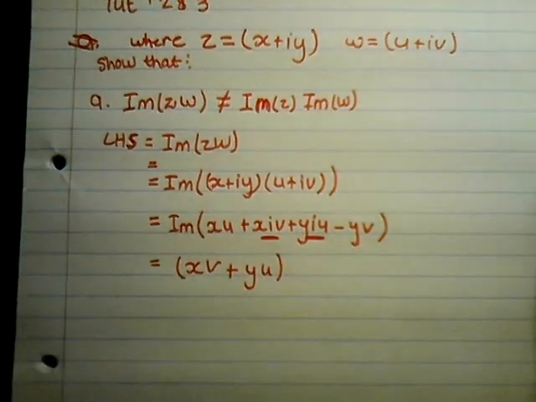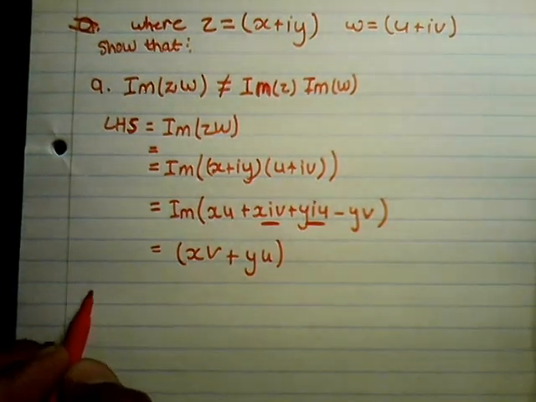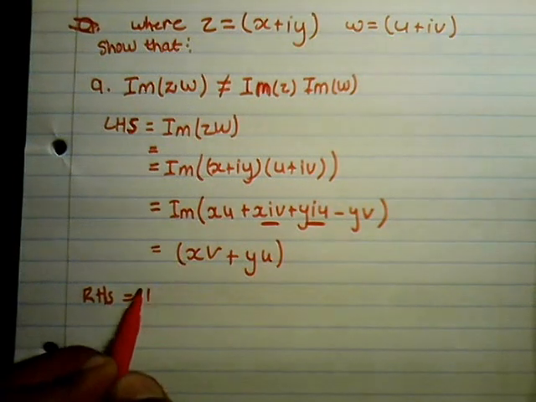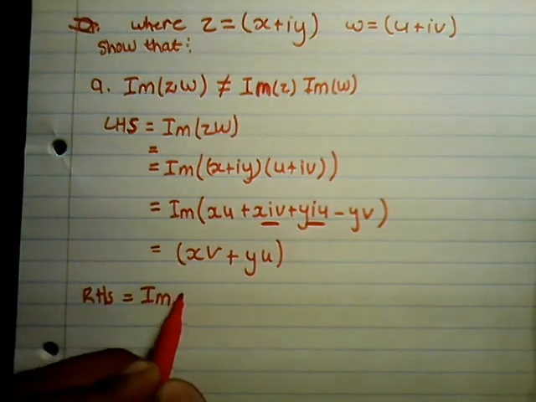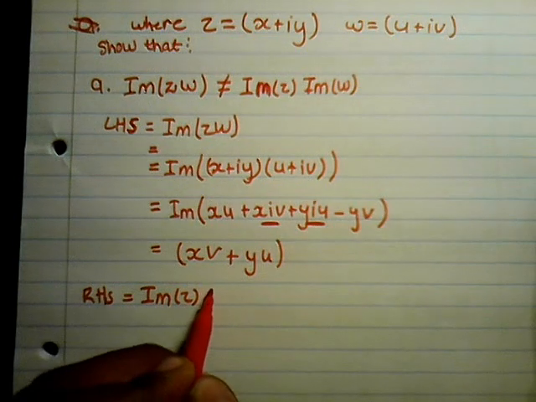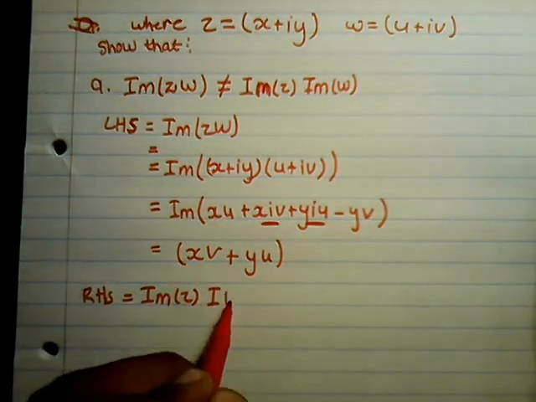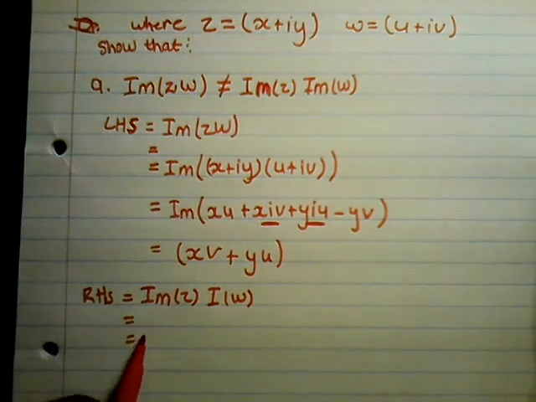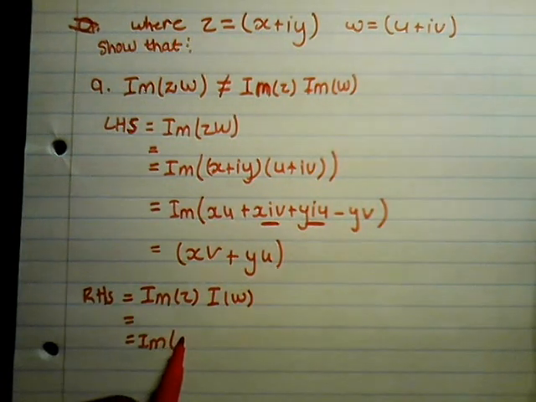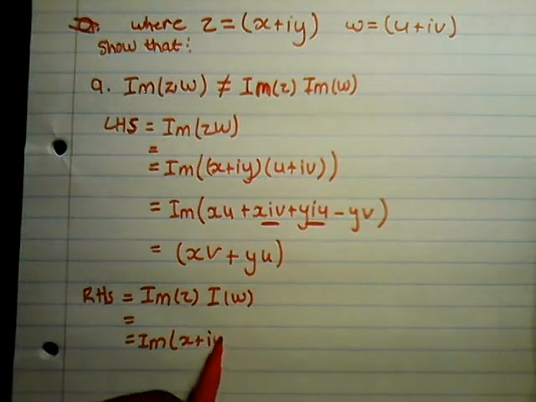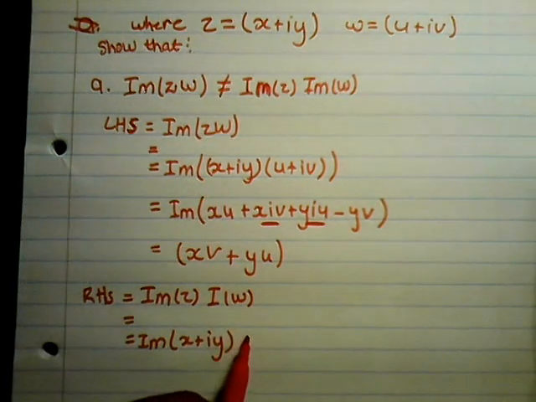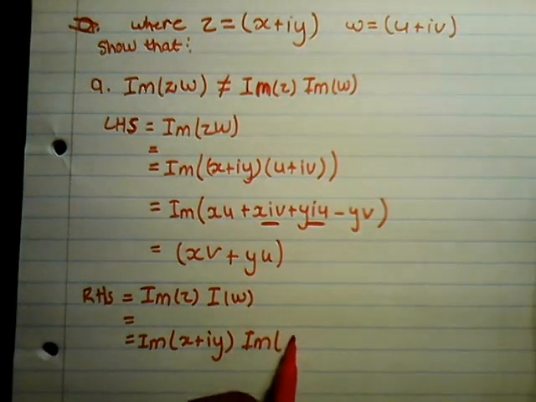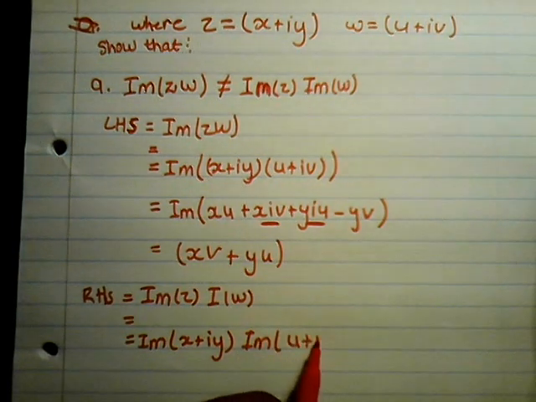Now the right hand side. RHS is equal to the imaginary part of z multiplied by the imaginary part of w. So this is equal to the imaginary part of x plus iy multiplied by the imaginary part of u plus iv.